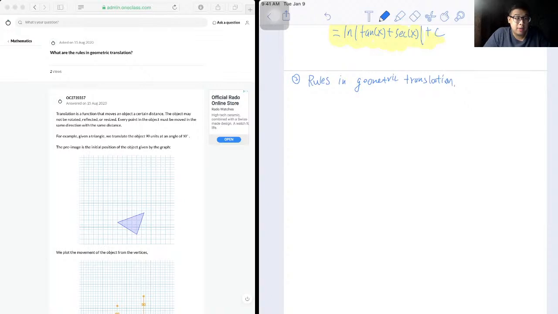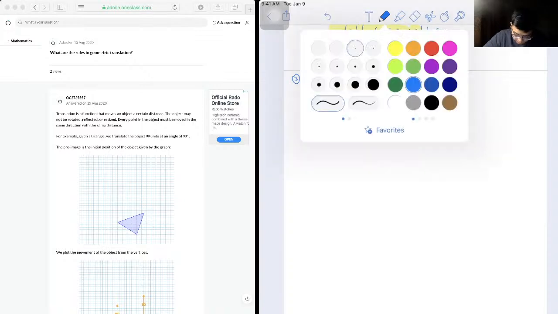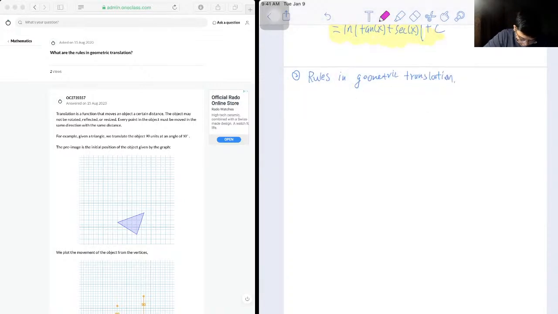Whenever we talk about the translation, it is a function that moves an object a certain distance, and the object may not be rotated, reflected, or resized, and every single point of the object must be moved in the same direction with the same distance. This is very important.